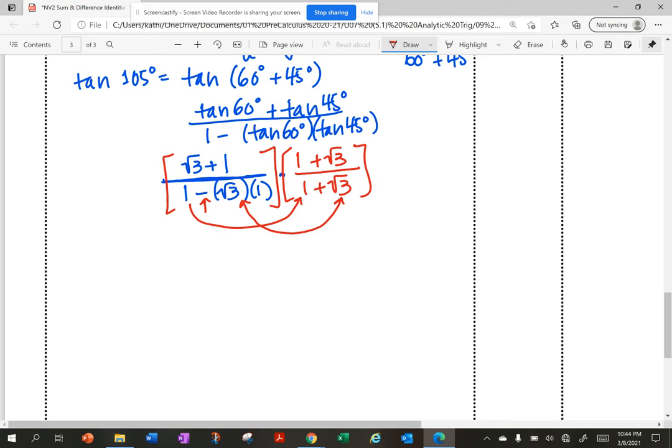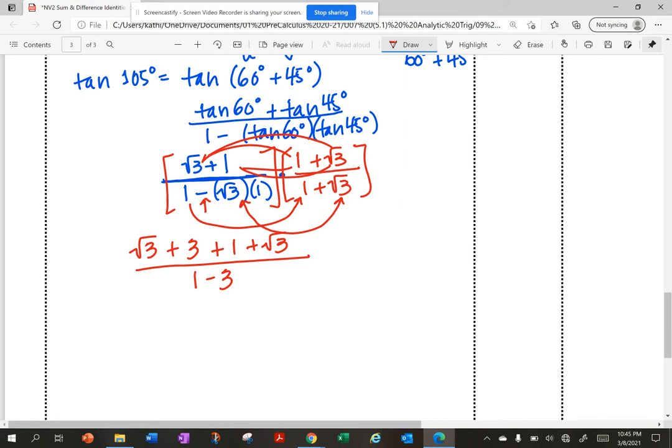So I'm going to multiply out. This is going to be a double distribute. In the numerator, I have the square root of 3 plus 3 plus 1 plus the square root of 3, divided by 1 minus 3.